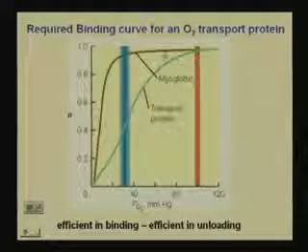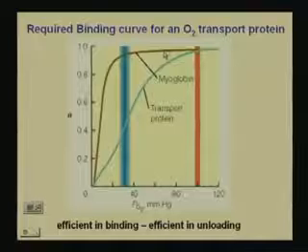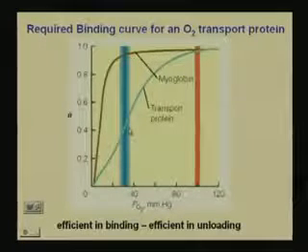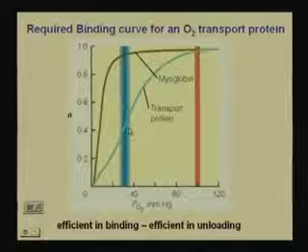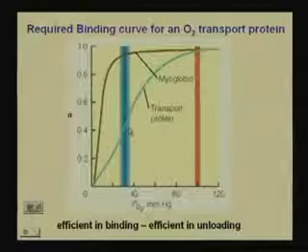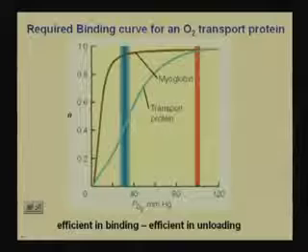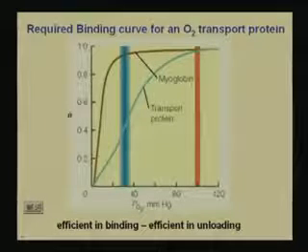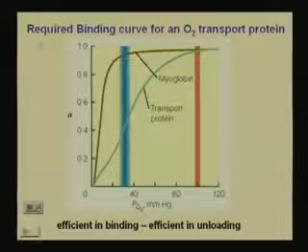But myoglobin is a storage protein. If myoglobin were also like this, then what would happen in the tissues? All the oxygen would be lost. Okay? But myoglobin is highly saturated even at the low partial pressure at the tissue level. Okay? Which is essential because it is a storage protein.